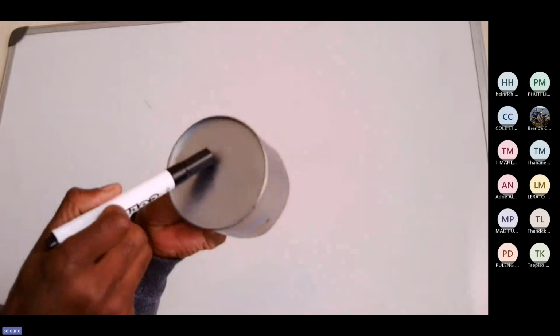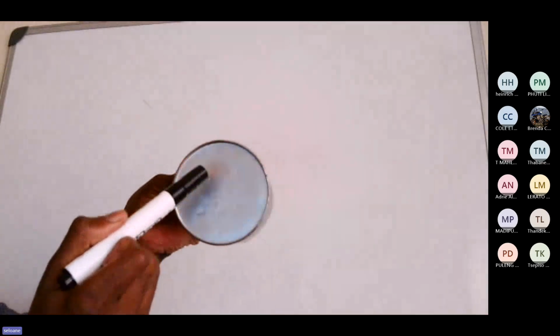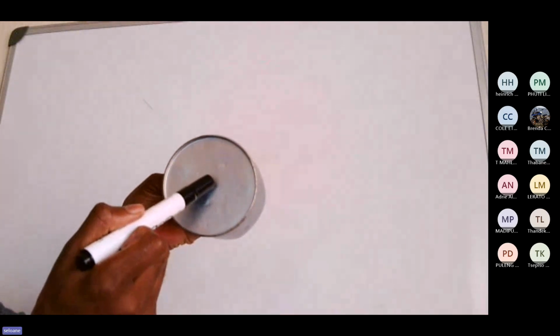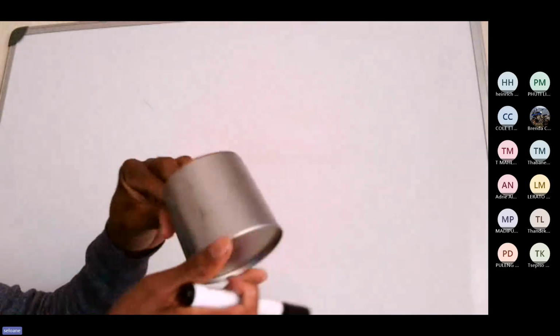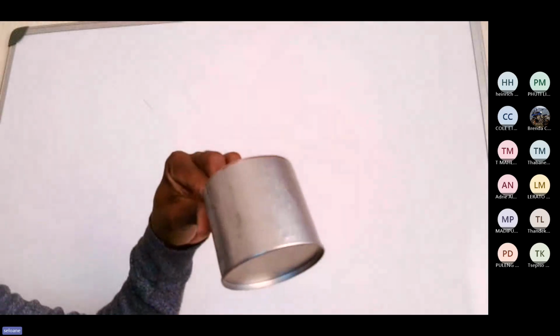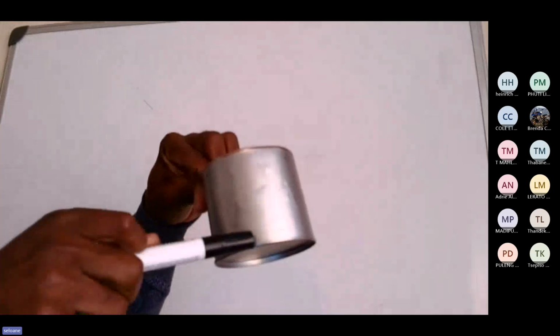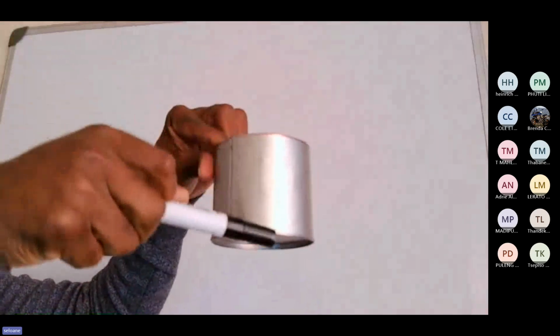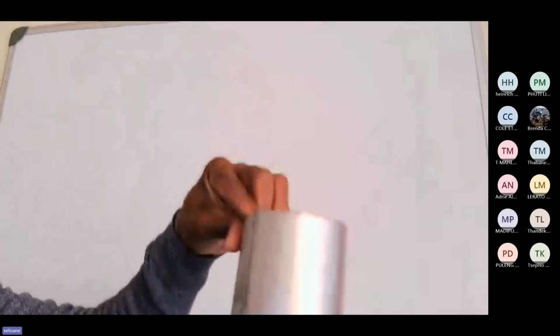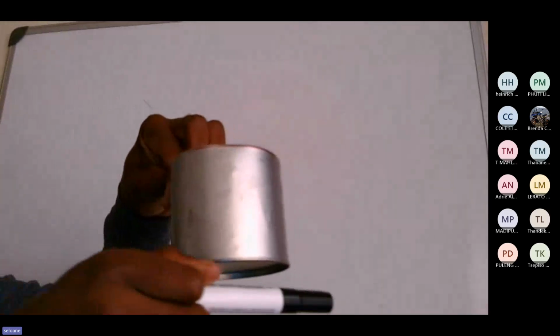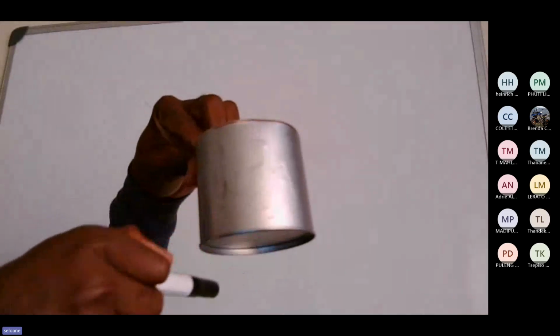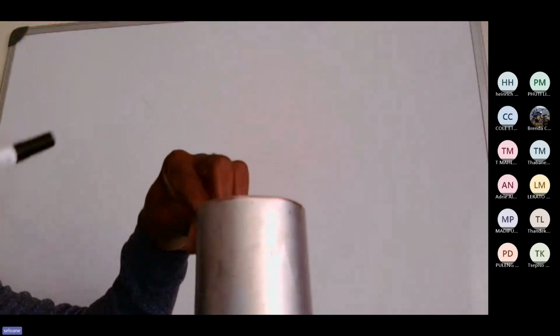Somewhere here is the center, and r is the distance from this to this. Then the area of this base is pi r squared. Then you multiply it by the height, which is h. That is why the volume of a cylinder like this is pi r squared, which is the area of the base, multiplied by the perpendicular height.